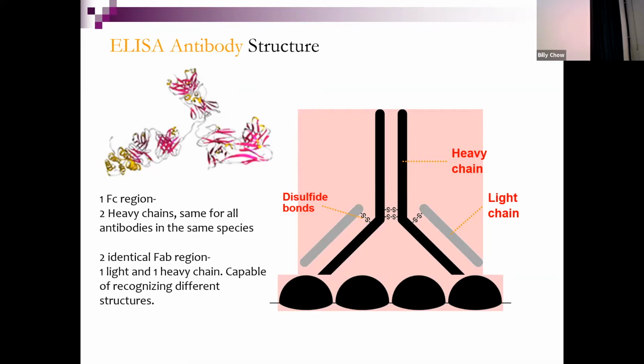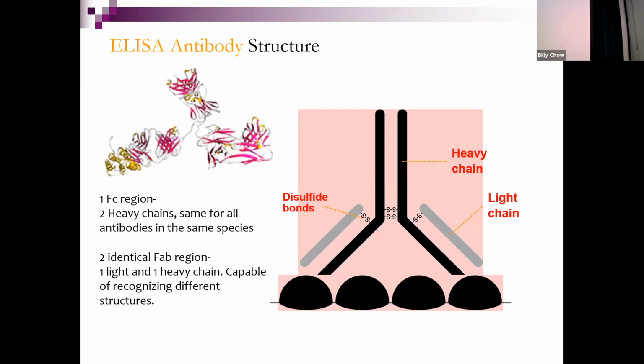So this end, the 2 heavy chains here, is called the FC region. And there's only 1 of them. But these 2 ends, with 1 light chain and 1 heavy chain, and there are 2 of them, right?